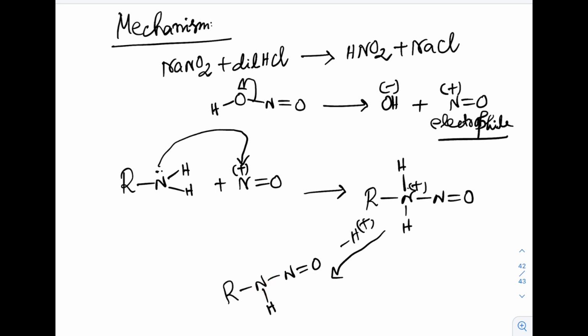With respect to this functional group, this is the alpha atom, and in this alpha atom one hydrogen is attached, so a probability of tautomerism is there. In general, when we talk about tautomerism, the first thing that comes to mind is keto-enol tautomerism. But except keto-enol tautomerism, two more types of tautomerism are there, and one of them is oxime-nitroso tautomerism. So here that tautomerism will happen.